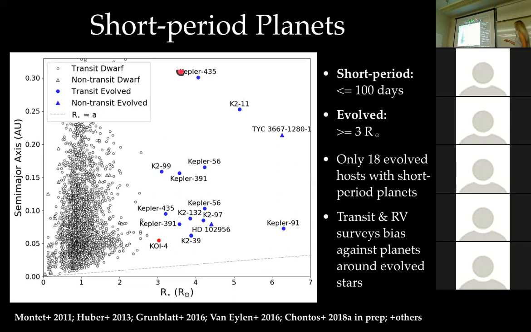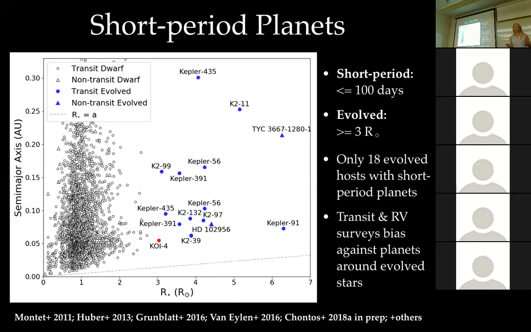You can already see by eye that this is not a very large population of planets, and that's correct. This is the most up-to-date version of this plot. I just made this. There are only 18 evolved hosts known to host short period planets. And not only that, but KY4 is now the closest known planet around an evolved star. So this has really become a hot topic in the exoplanet community.